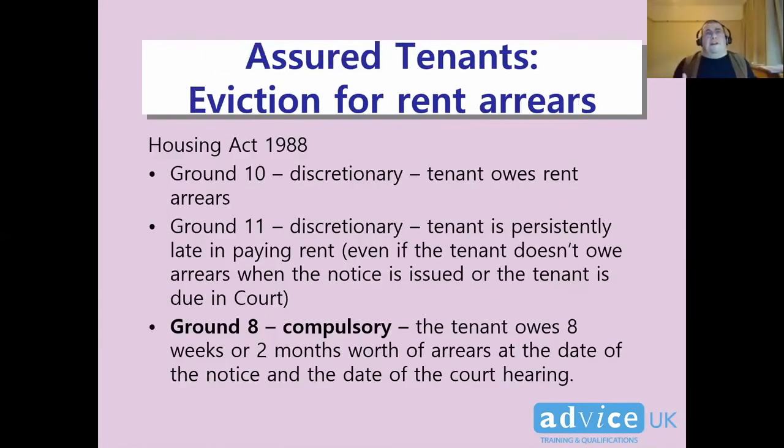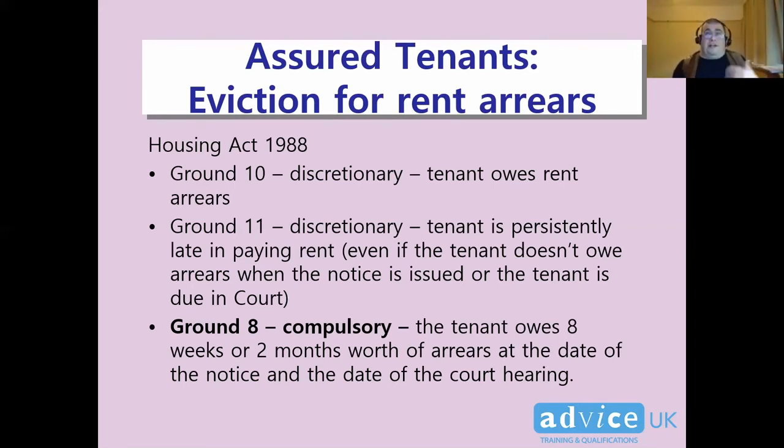Okay, so to evict a tenant for rent arrears as an assured tenant, there are 3 grounds for possession that apply to assured tenancies. The first 2 are discretionary, and they might as well be just the same as ground 1 for possession against a secure tenant. The court's got discretion not to make a possession order under grounds 10 and 11.